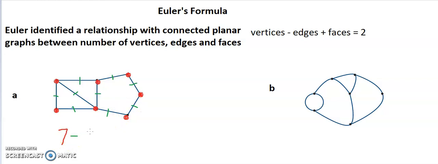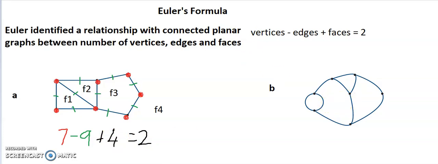So we're minusing 9. And the number of faces we have: face 1, face 2, face 3, and the unlimited face of the outside, face 4. So we're adding 4. 7 minus 9 is negative 2. Negative 2 plus 4 equals 2.